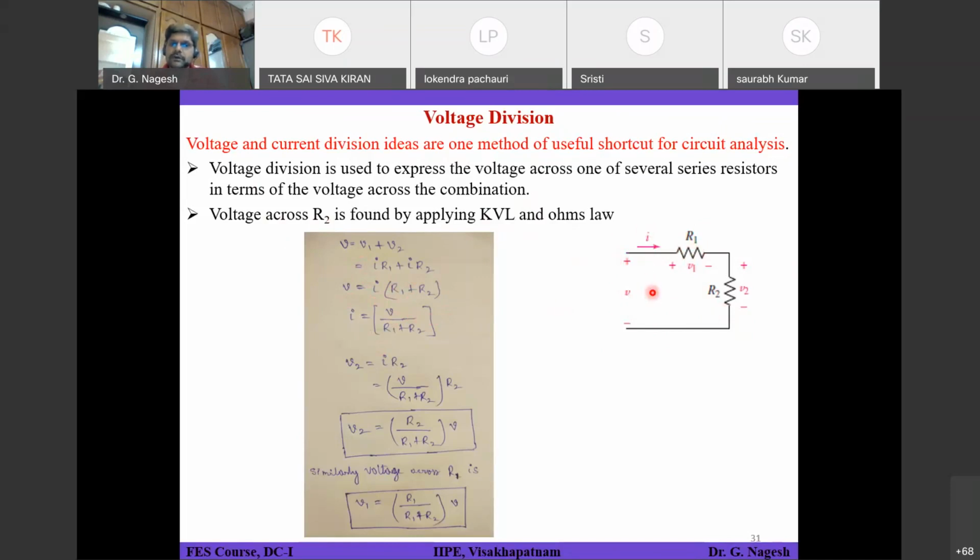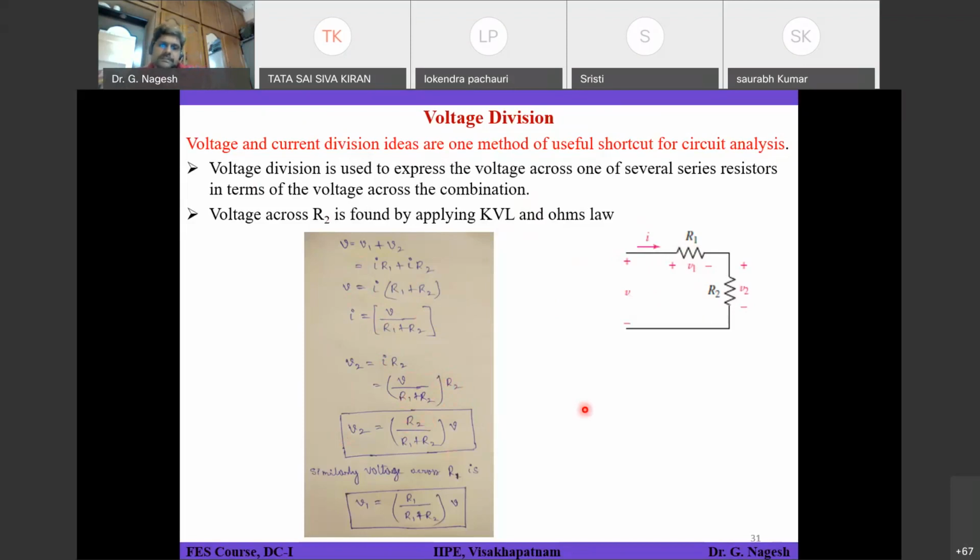Now I want to find V2. V2 is equal to I into R2, right? I you are getting from this expression, and if you substitute here, that will be V by R1 plus R2, and R2 is as it is. So V2 is equal to R2 into the total voltage divided by R1 plus R2.